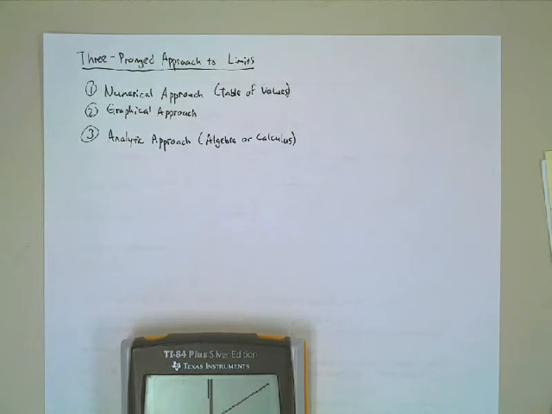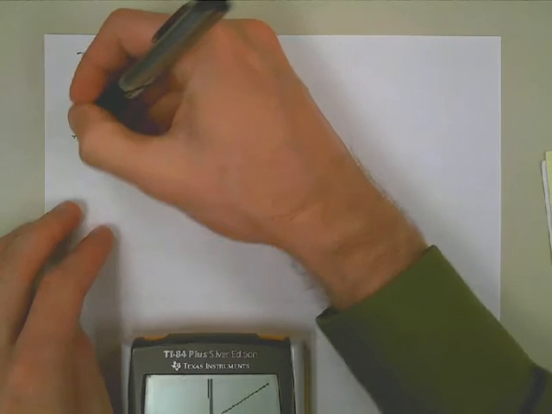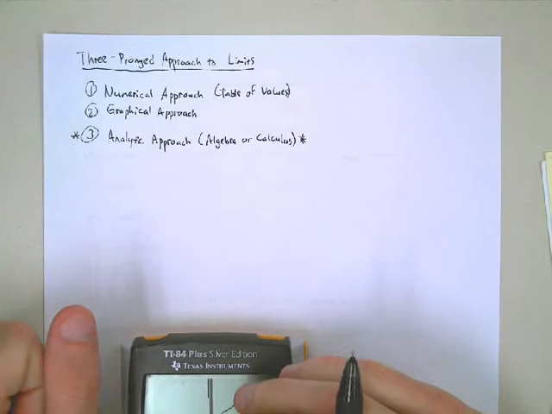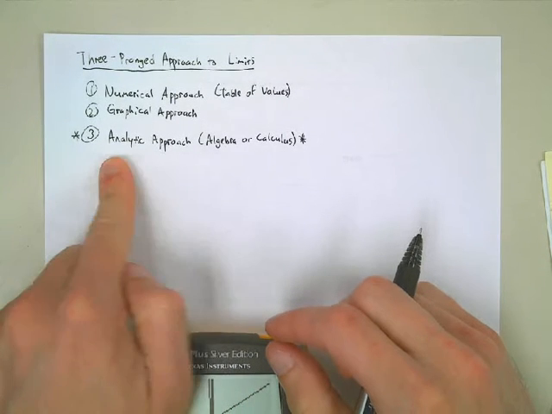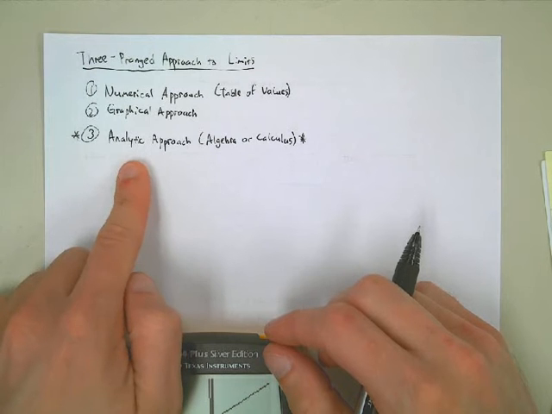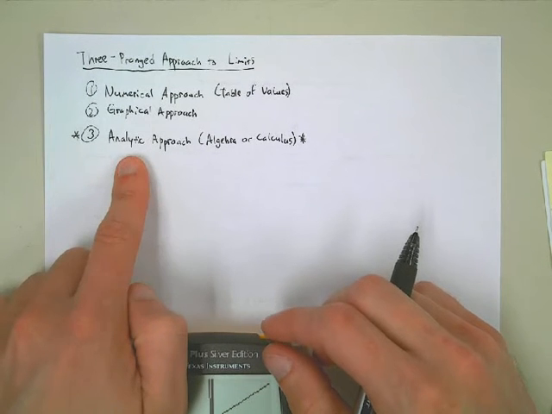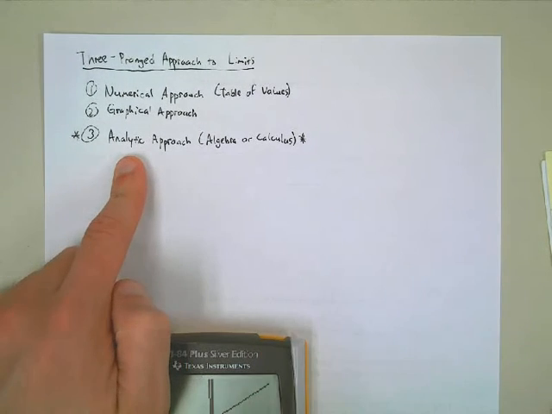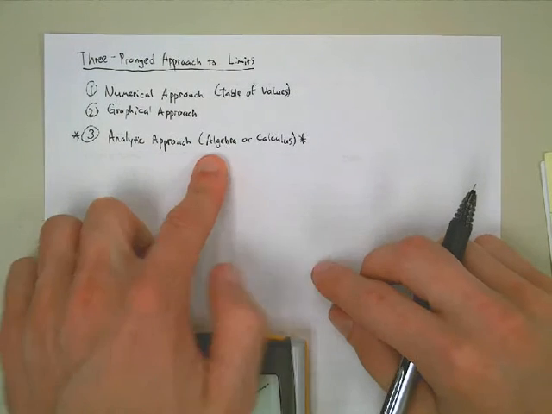This third one is going to be our bread and butter. That's the one we're going to use primarily. However, should the third one fail, or should we come across something where we can't use algebra or calculus, there'll be examples I'll show you, so don't worry about what that means exactly right now.